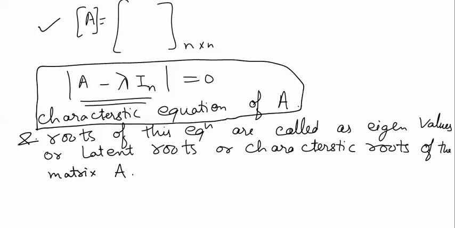Now, in layman's language, as I told you earlier also, these are system parameters. The values of lambda, or eigenvalues, which we will be getting are system parameters. I can define a system on the basis of eigenvalues. For example, I say that the eigenvalues for this system are 4, 3 and 5. A system with eigenvalues 4, 3, 5 will be unique across the world.